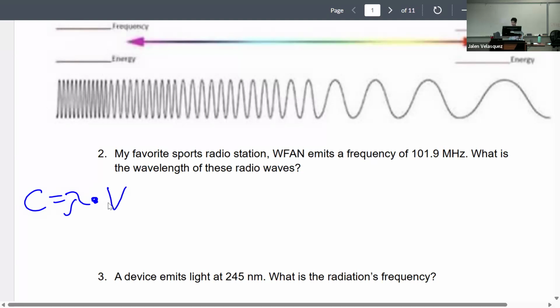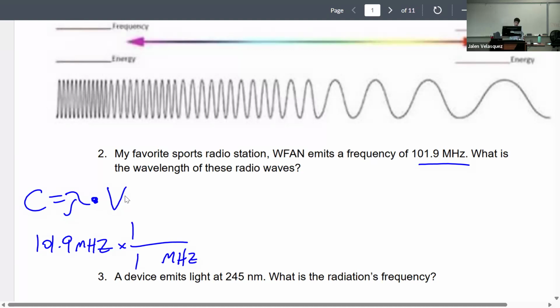Good, convert megahertz into hertz, right? Remember, when we're using this equation, all of these variables have to be in their SI unit. So we have to be in hertz for the frequency. We have 101.9 megahertz. We want to convert that into hertz.